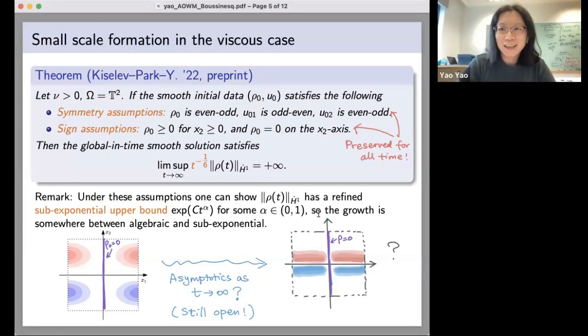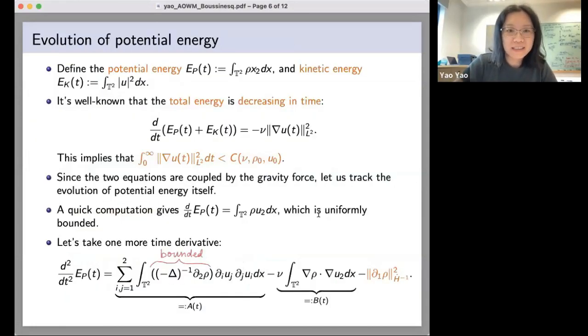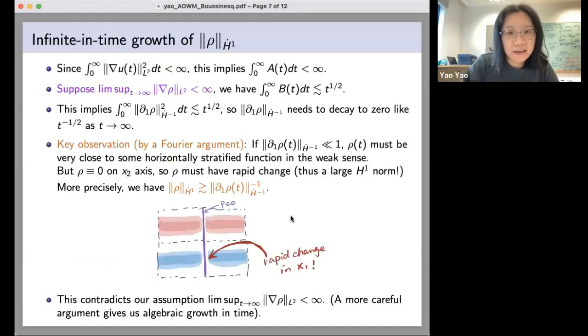Oh yeah, right. So the power is coming from basically this key lemma here.